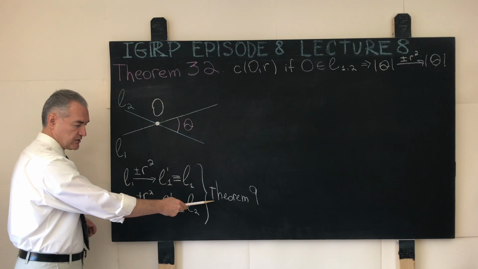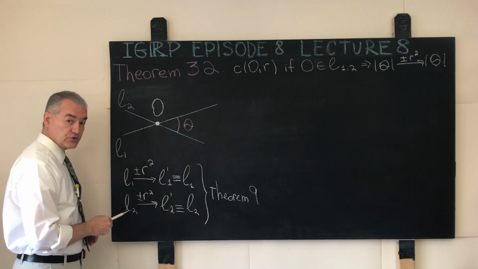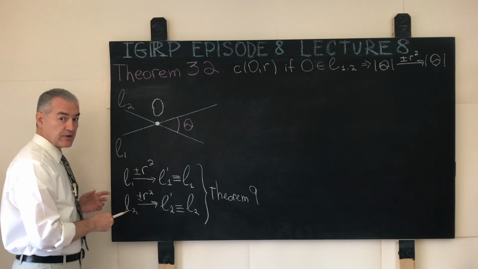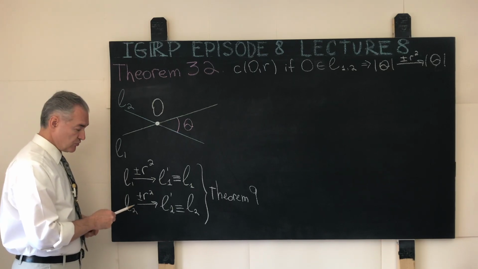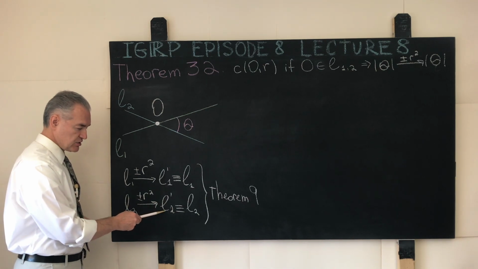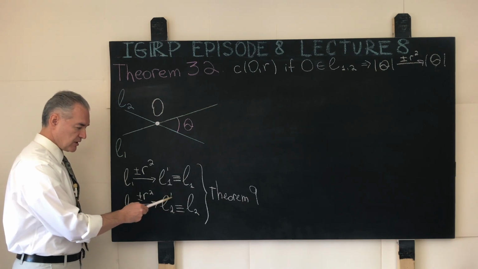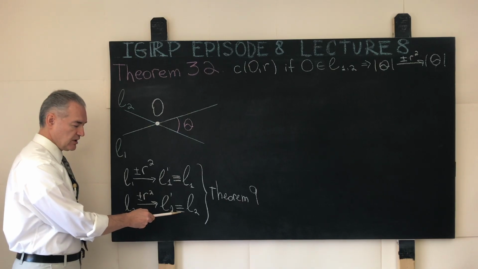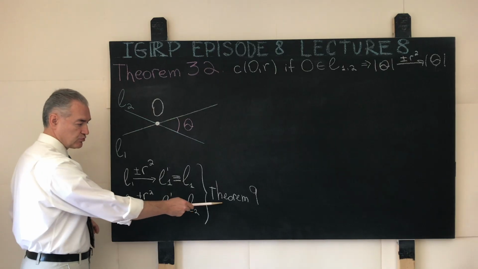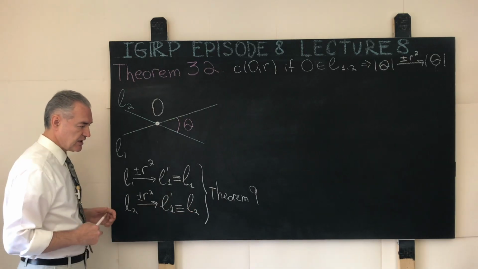And by the same theorem 9, the straight line L2 under the inversion of the plane with respect to a circle, whether the power of that inversion is positive or negative, will be taken into its image named L prime 2, which again will be precisely the straight line L2 itself. Again, we prove these statements in theorem number 9.